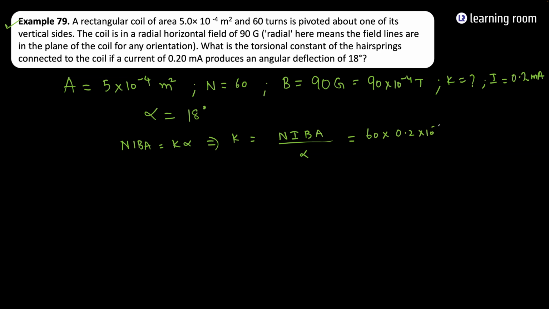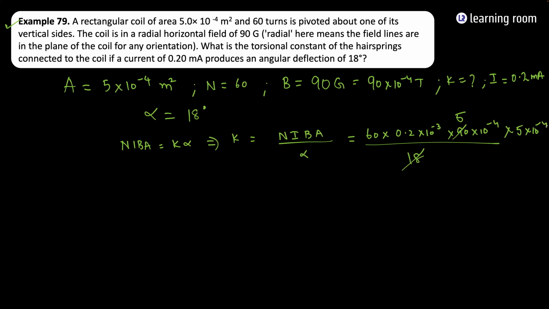So 0.2 into 10 power minus 3, into B, which is how much? 90 into 10 power minus 4. And area is 5 into 10 power minus 4. The whole divided by alpha, which is 18. Right. So 18 cancels 90 five times.